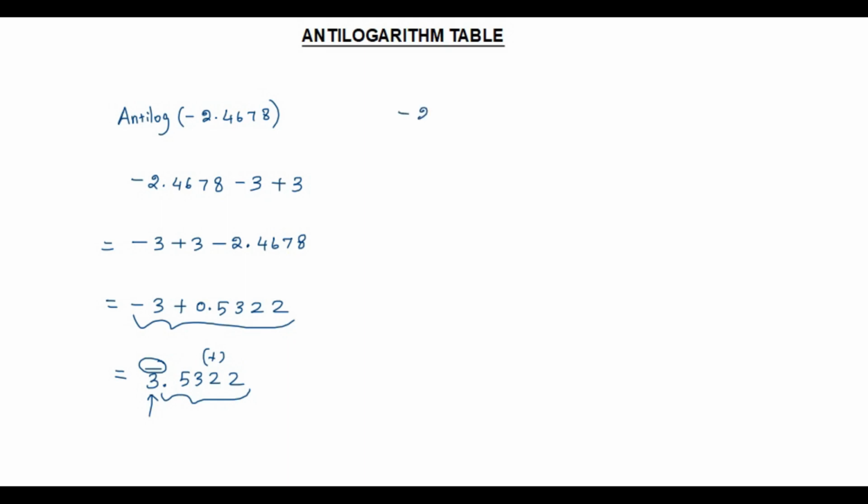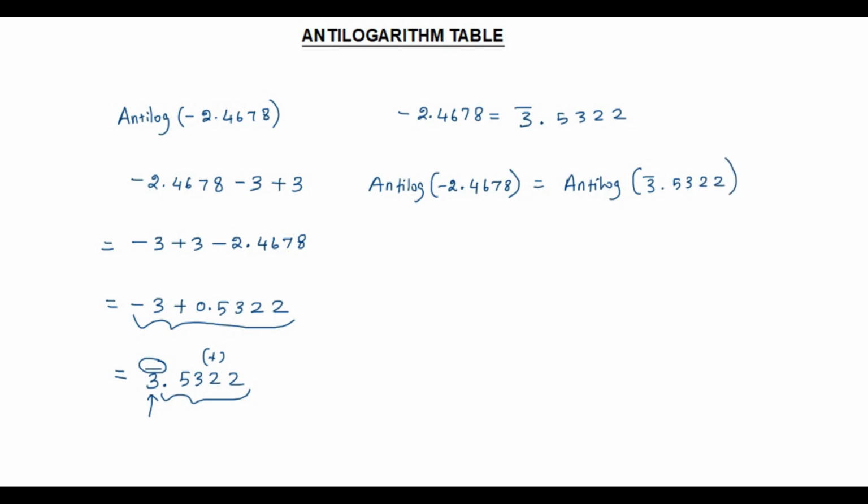So minus 2.4678 is equal to bar 3.5322. So anti-logarithm of minus 2.4678 is equal to anti-log of bar 3.5322.